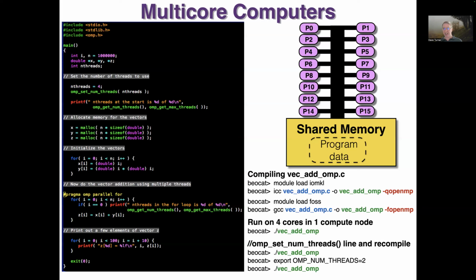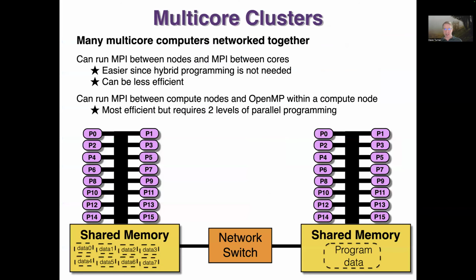So in this case, again, we can now apply the multi-core capabilities of each compute node, as well as, if you wanted to, you can apply the multi-node still. So multi-core clusters, again, we're building up the complexity and the capability as we go. So again, multi-core clusters now are just made of multi-core nodes.